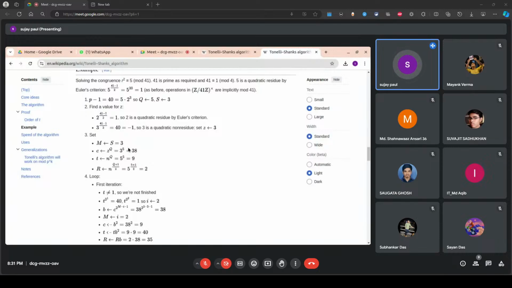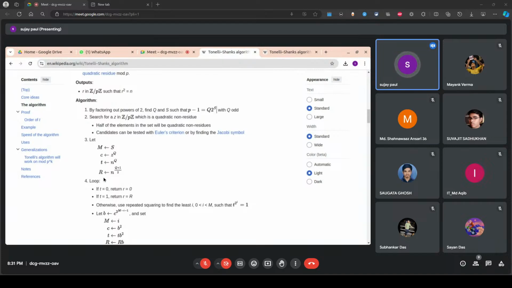Next, t equals n to the power q, with q equals 5, mod 41, equals 9. r equals n to the power (q plus 1)/2 mod 41, that is 2. So I have got the m, c, t, r values. That is the initial value of those four variables.